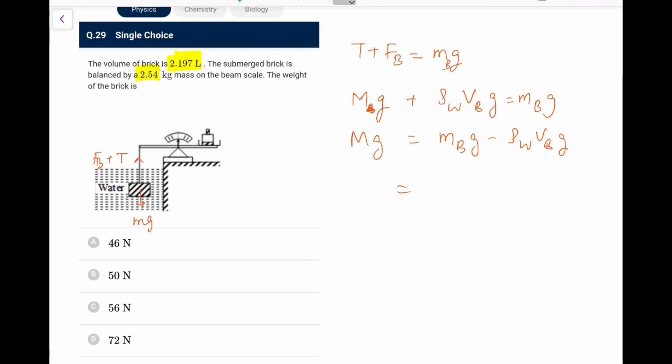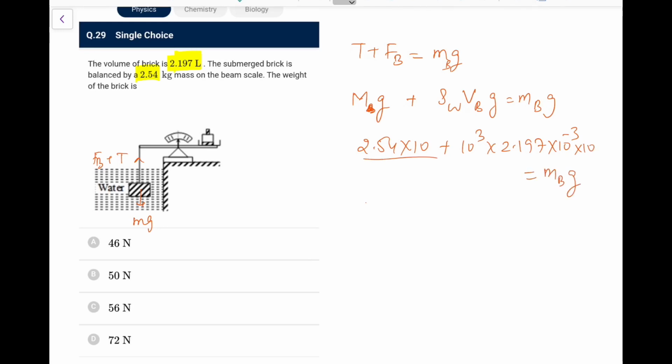So what I have is 2.54, so this is 25.4 minus, okay, you have to calculate the mass of the brick. I was calculating the mass of that, which is already given. So we have 2.54 into 10 plus rho w is 10 to the power 3, volume is 2.197 liters, which is 10 to the power minus 3 meter cube, and this is g, that is equal to Mbg.